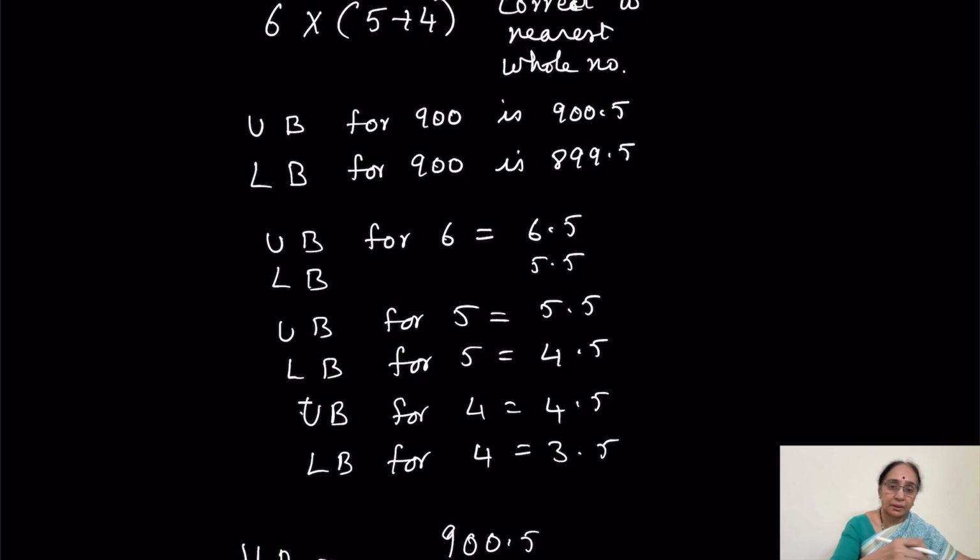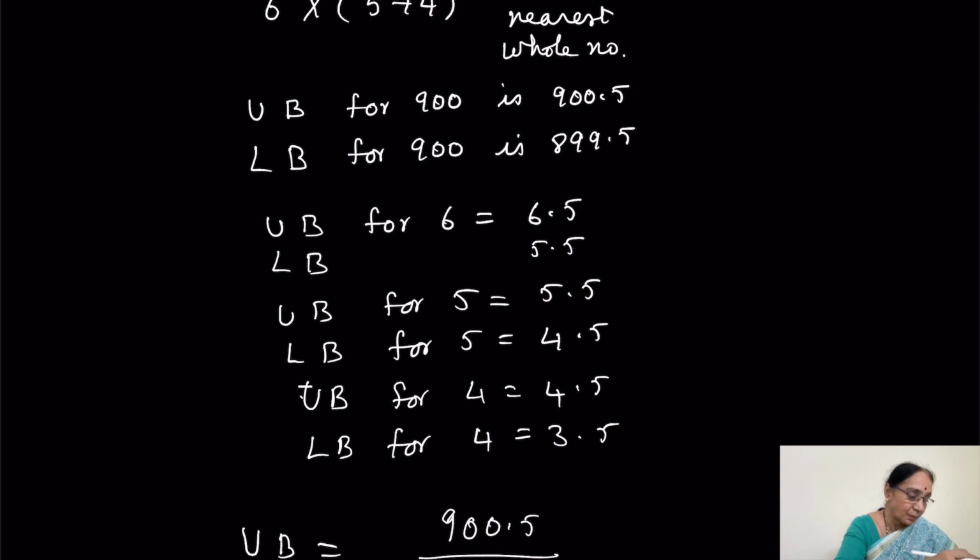See, when I divide in a fraction, for a smaller denominator the value is larger, and for a larger denominator the value is smaller. So, because 1 by 2 is greater than 1 by 3, and 1 by 2 is greater than 1 by 8, for a smaller denominator the value becomes larger. So, keeping that in mind, I will put the lower bound for 6.